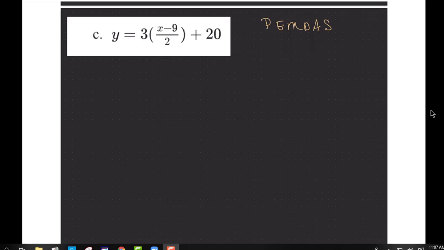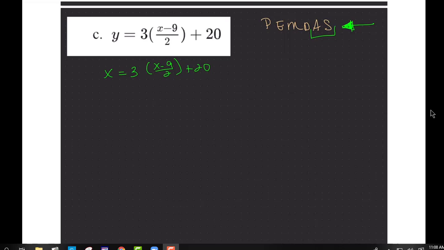So if we're looking for inverse, first thing we always do? Switch x and y. Reverse order. Remember that, guys, right? If it helps, write that down and give yourself a little arrow. Adding and subtracting.